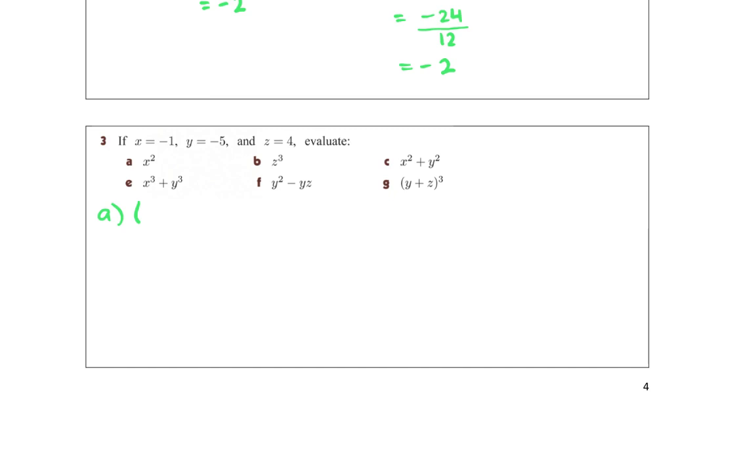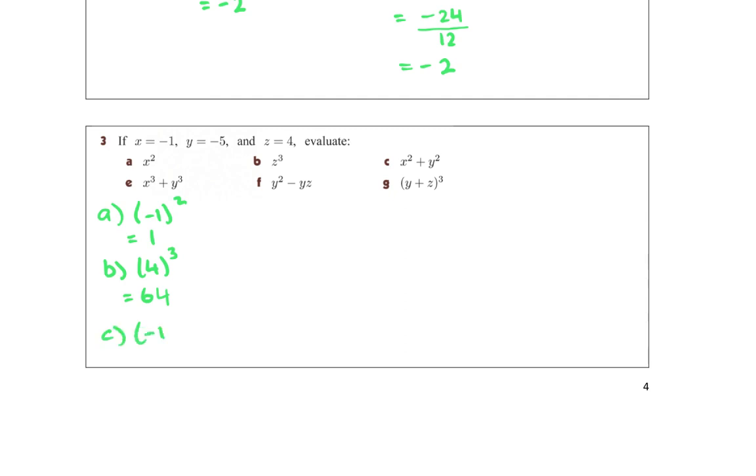So we have -1 all squared, which is 1. We've got 4 cubed, which is 64.